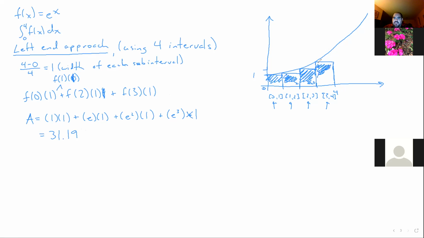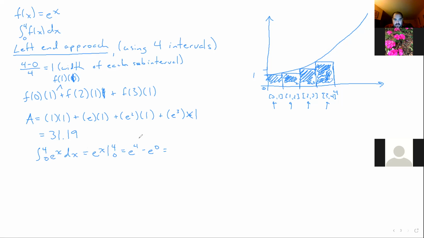Do you think that estimate's going to be too large or too small? It's too small, right? Let's see if we're even close. We can find this integral exactly. So what is e to the 4th power?